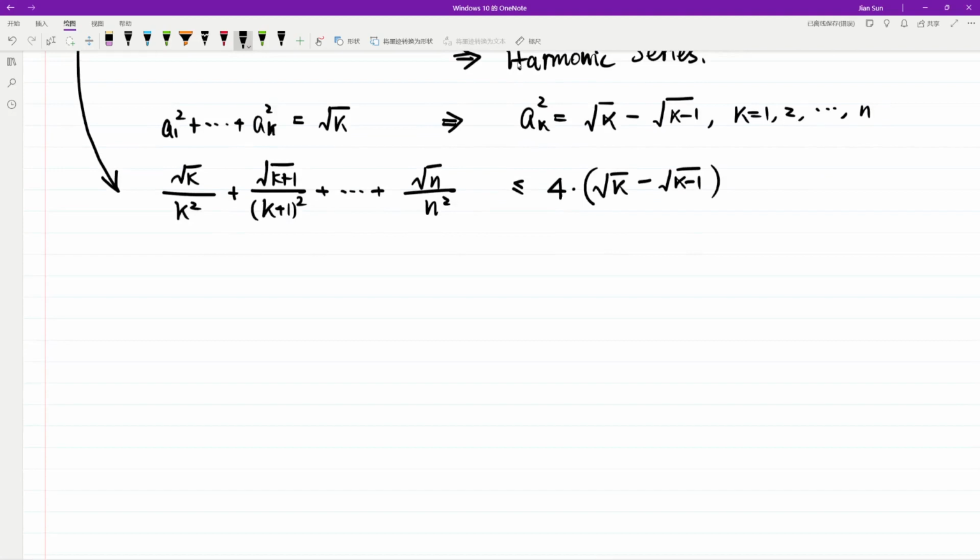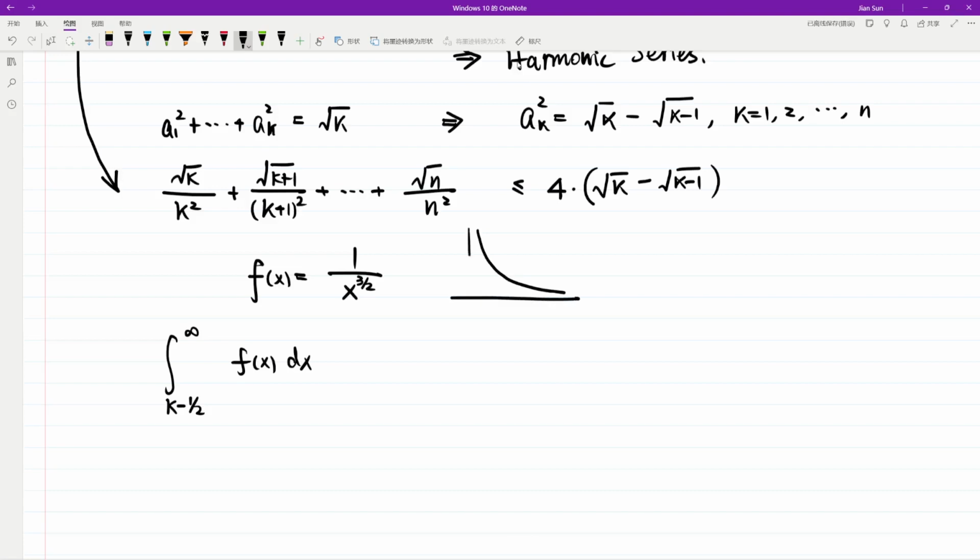Now this inequality, how do we prove this? We notice that obviously we want to use an integral. So we want to check a function. The function is just x to the power of minus 2/3, and we want to study the integral from k minus 1/2 to infinity of f(x) dx. The function is a decreasing function, and it's a convex function.